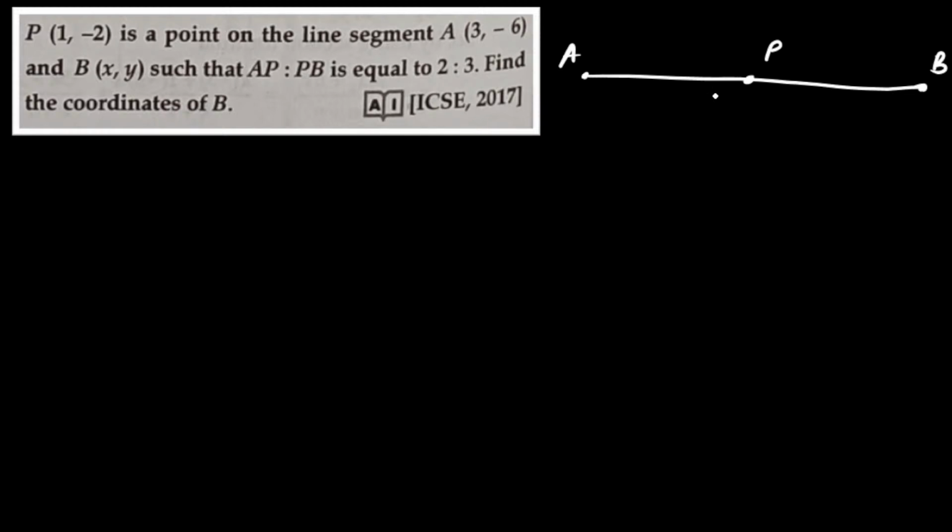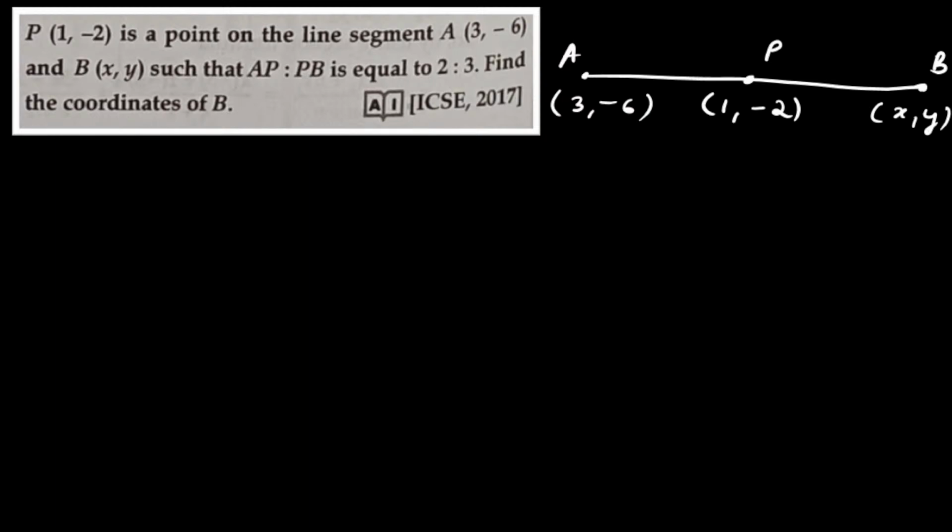P's coordinates are given to us: 1 comma minus 2. The coordinates of A are also given: 3 comma minus 6. The coordinates of B are given to us as x comma y, with unknown variables.